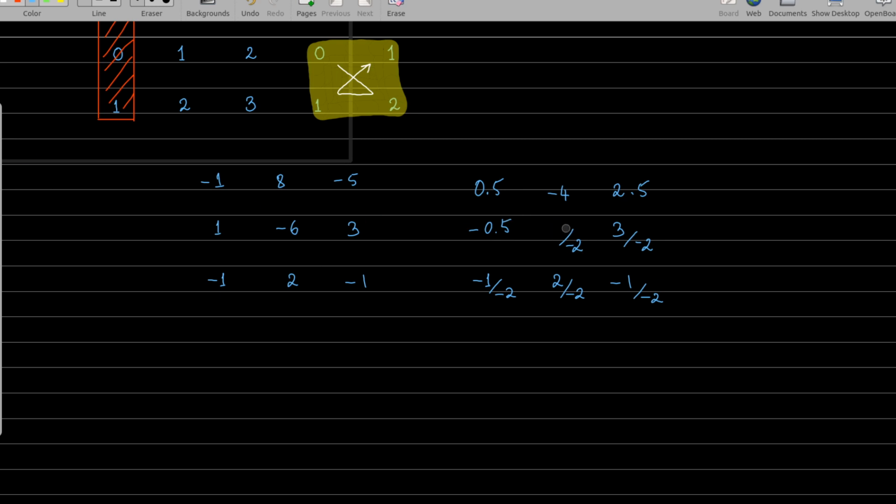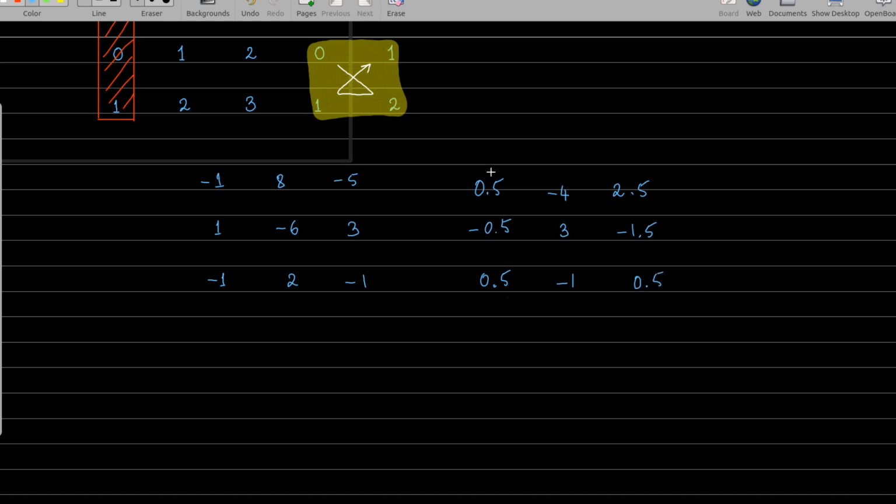Then minus 6 divided by minus 2 is 3. Then 3 divided by minus 2 is minus 1.5. Minus 1 divided by minus 2 is 0.5. And finally 2 divided by minus 2 is minus 1. And lastly we have this: minus 1 by minus 2 is 0.5.